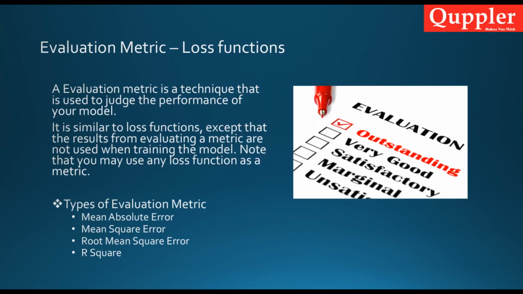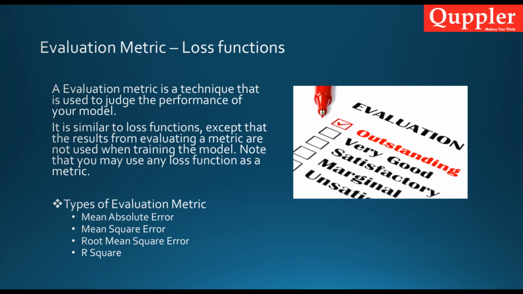Once we had predicted the value of y across all the given data points, we're going to see how good our accuracy was, like how well what we predicted was. To get that, we need to know what evaluation metrics are. Basically, an evaluation metric is a technique that is used to judge the performance or, let's say, accuracy of your model.